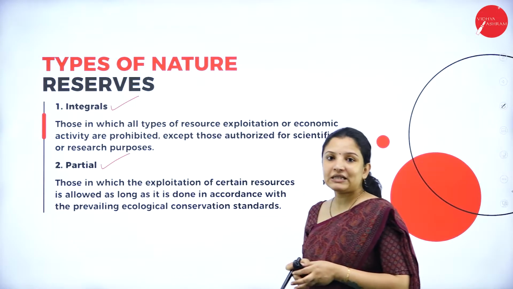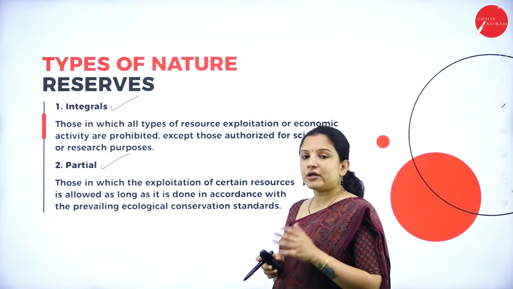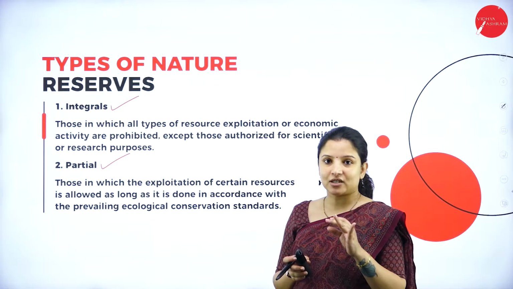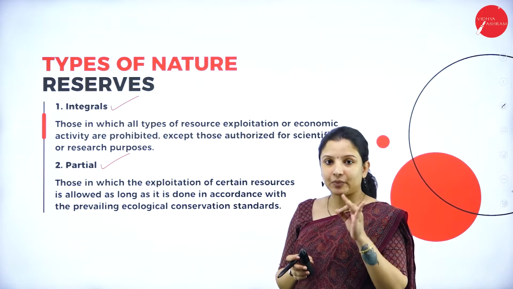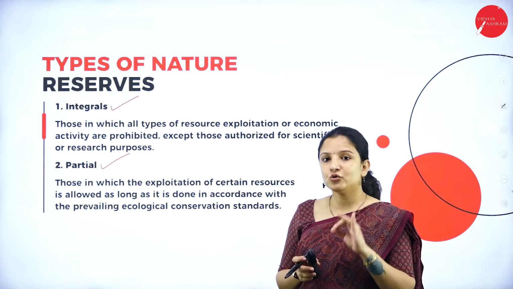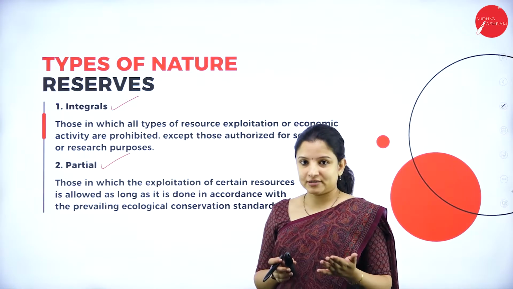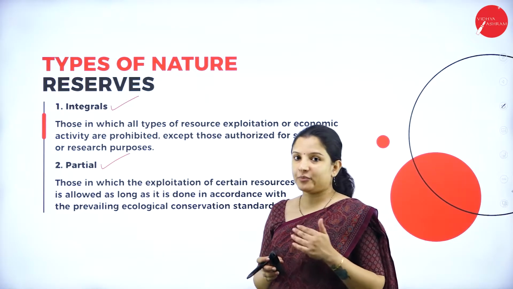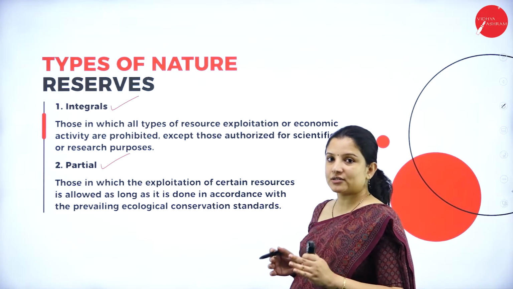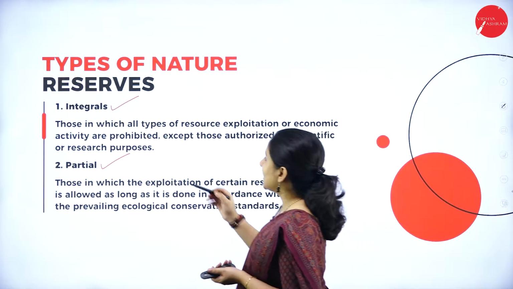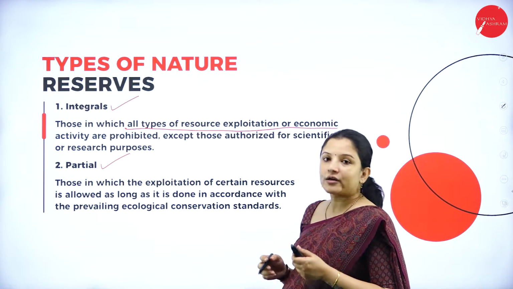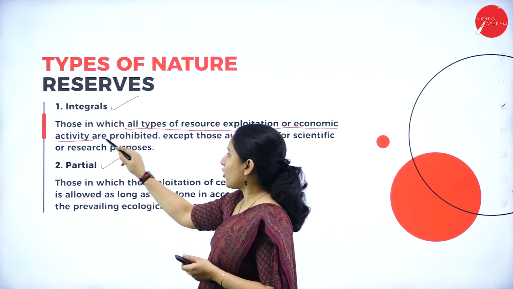So talking about integral nature reserve. Integral nature reserve means that area is completely restricted. Apart from using that particular area only for research or study purpose, other human interventions like going for a safari, all that activity is prohibited here. So therefore, integral nature reserves are those nature reserves or protected areas in which all types of resources, exploitation or economic activity are prohibited.